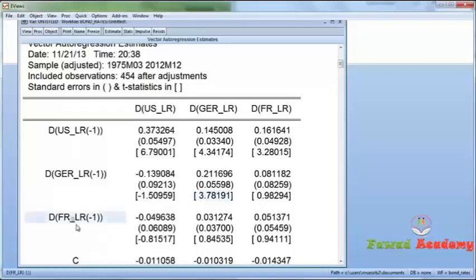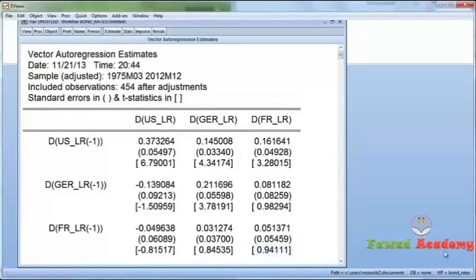And last period's French change in the long rate interest rate is not significant anywhere. Okay, so we don't actually need that last element to explain the variation in today's changes in the long rates.